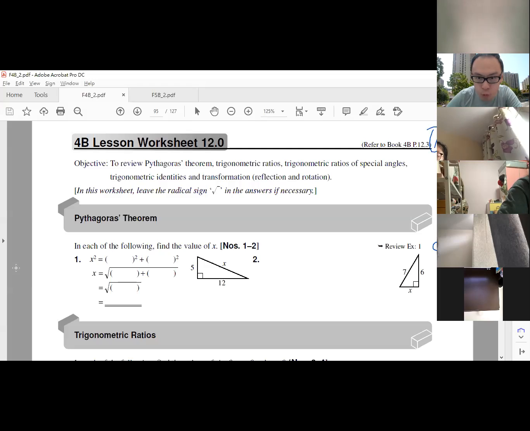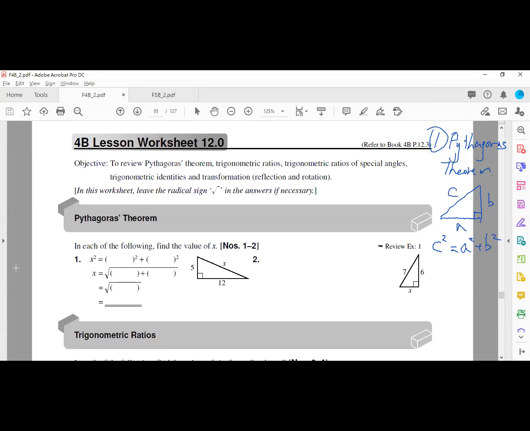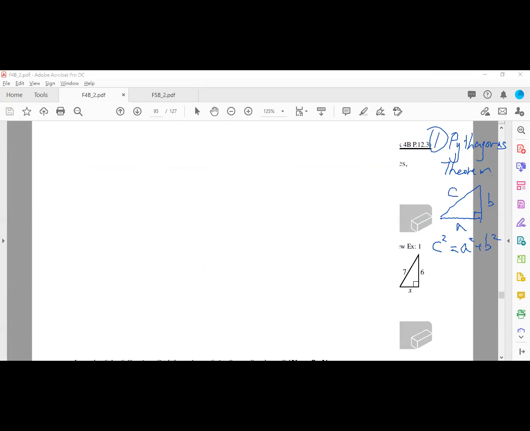Okay, this is the first one, the Pythagoras theorem we are going to use today. And then the second one is about the sine, cosine, and tangent.